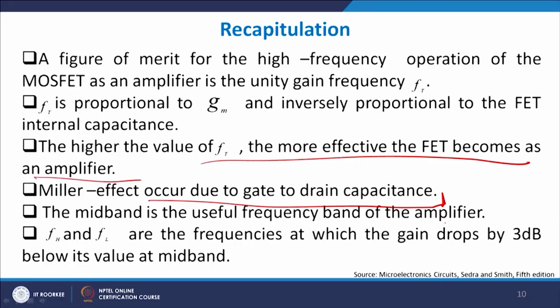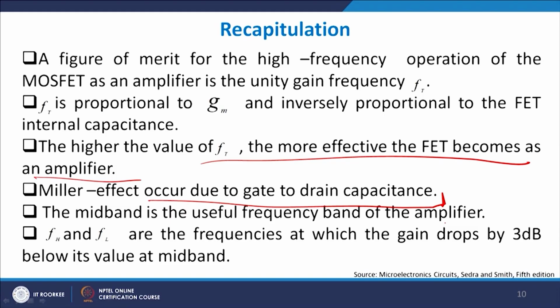Then we have two important frequencies we have seen, FH, which is referred to as the high cutoff frequency, and FL, which is referred to as the low cutoff frequency. They are typically 3 dB points below the maximum gain position, and beyond these points the gain starts to fall down with increasing or decreasing frequencies, right. So the most reliable one is basically the mid band frequency.